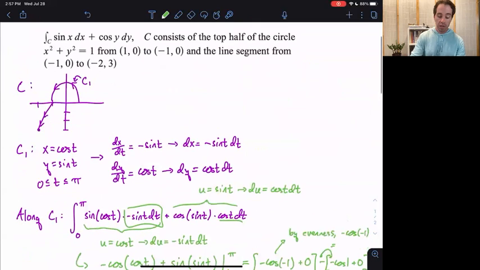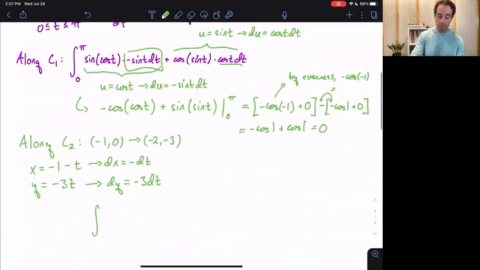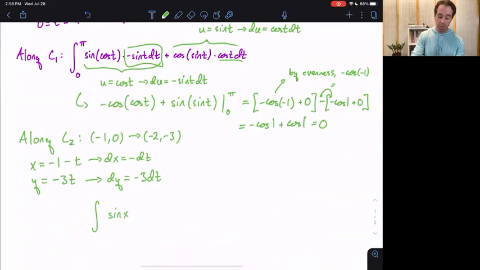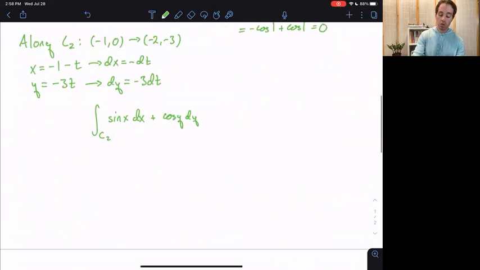So we've got sine of x and cosine of y. I'll just copy it down here. Sine of x dx plus cosine of y dy. And this is along C2 now. So this is going to be equal to the integral from 0 to 1, because those are the values for the parameter here. That's how we chose the endpoints. 0 to 1 of sine of x.